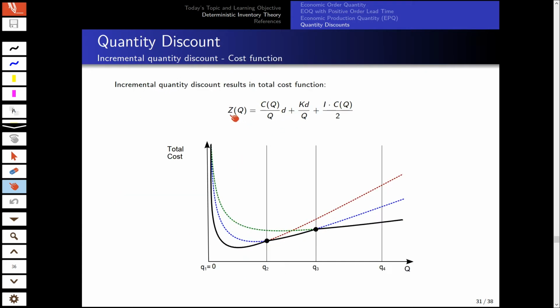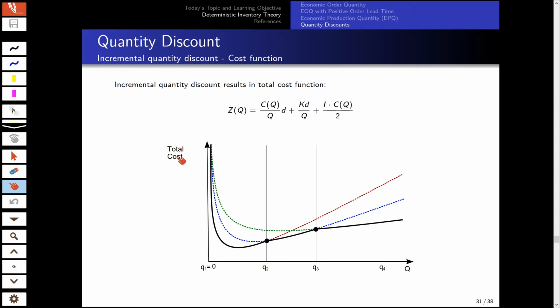The total costs now regard the per unit purchasing cost that we have just derived multiplied by the demand. This is the modification from the EOQ formula that we have seen beforehand. Then we have the fixed ordering cost or setup cost if we look at an internal ordering process, and our average inventory holding cost.